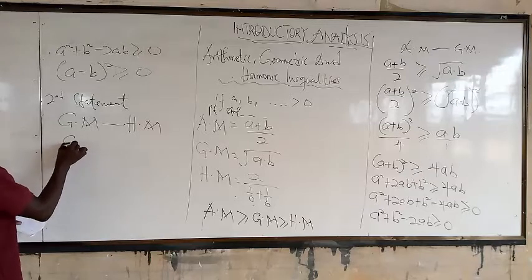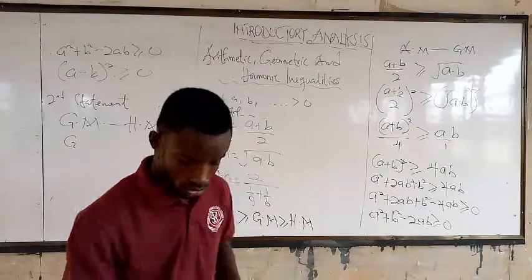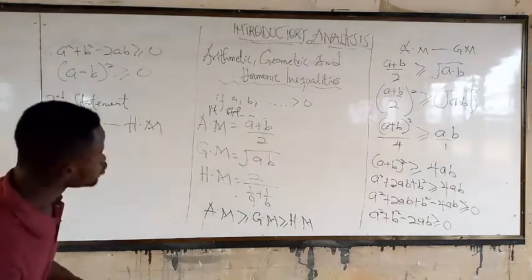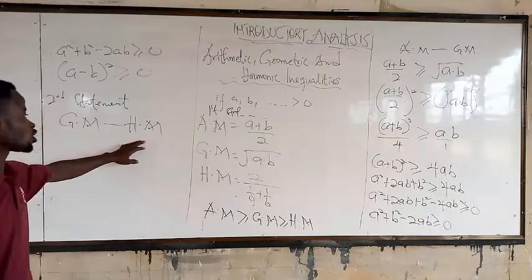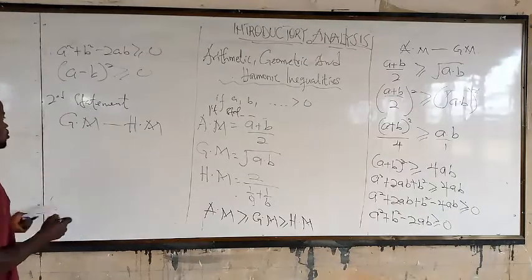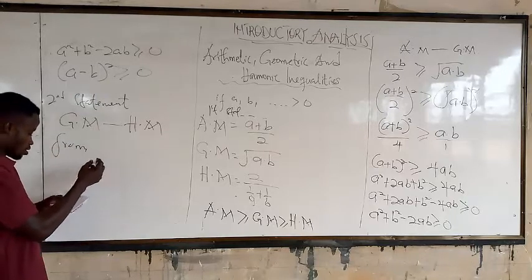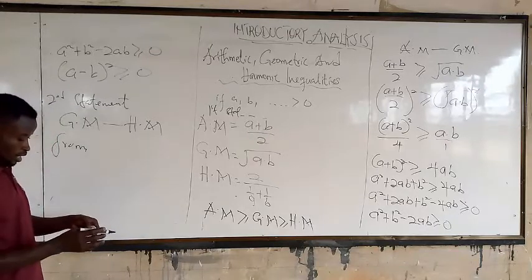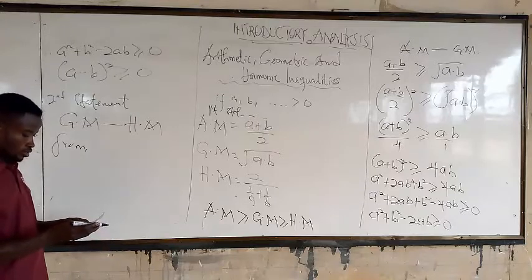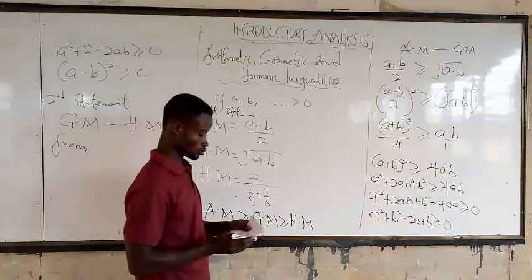Okay, so let's consider that. To prove that the geometric mean is greater than or equal to the harmonic mean, we are going to prove it from the arithmetic mean and the geometric mean.